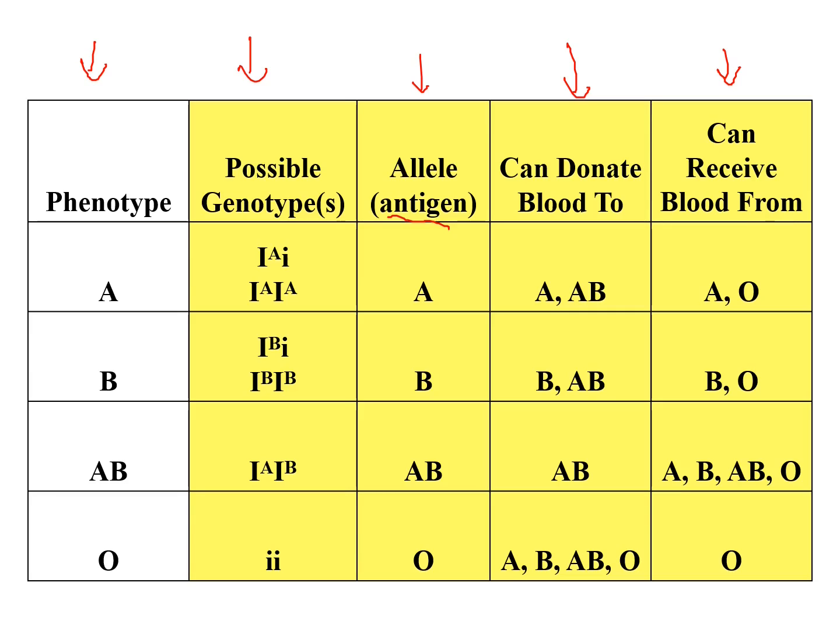For example, A is able to donate to A and AB, B to B and AB, AB can only donate to AB, and O can donate to everybody. So it's the universal donor.